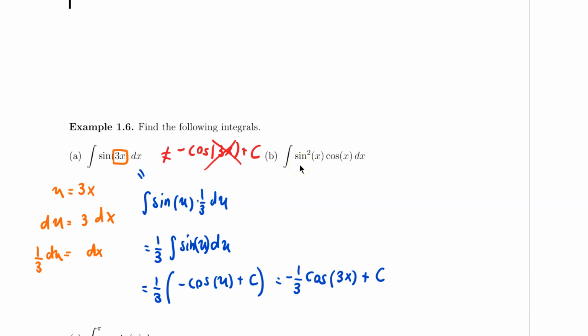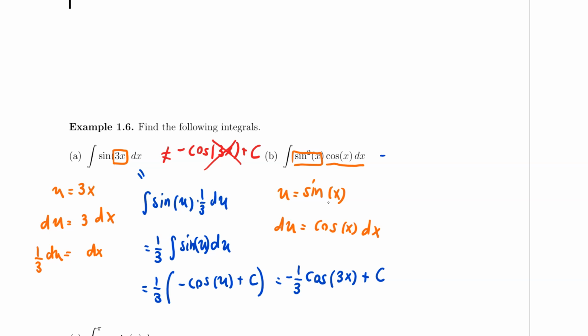For part B, once again, this looks like something where I'm going to have to use the u substitution. So I'm going to let my u be the sine function here, so u is going to be sine of x. And then my du, the derivative of sine, is going to be cosine, so that's going to be cosine of x dx, which is actually what we have back here.